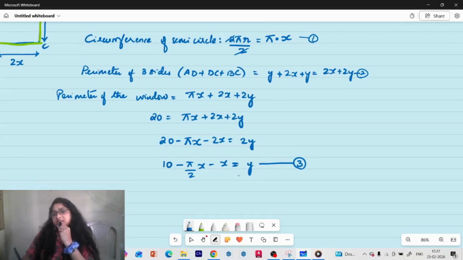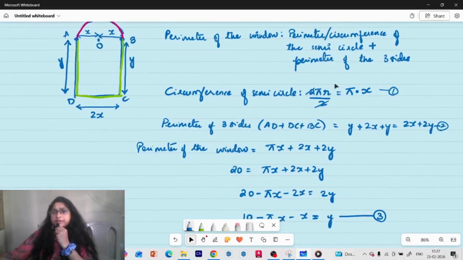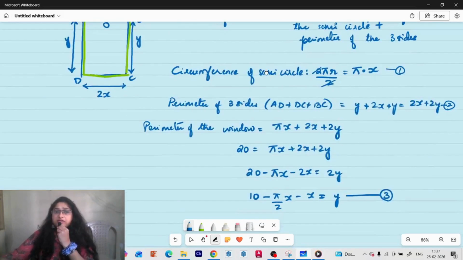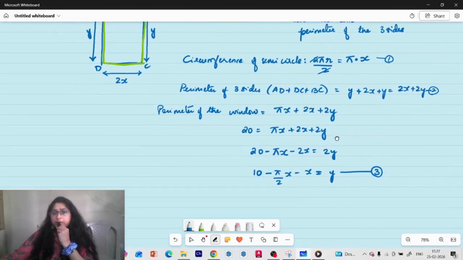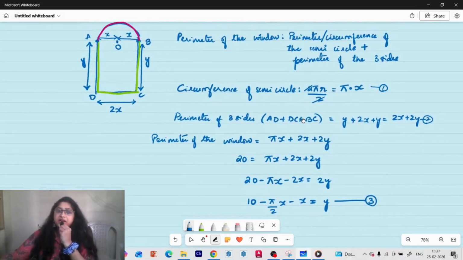As you can see, it's basically a function of x, f of x. Correct? And now what do they want? Now they want to find the maximum area of the window. Similarly to how we wrote our perimeter equation, we have to write our area equation.